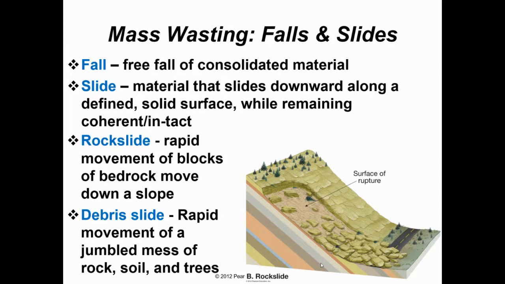A slide is this one here, where you still typically have a pretty cohesive material. It's pretty consolidated still, but it slides downhill typically as a kind of cohesive mass. The key here is that there's this thing called a rupture surface. That's the point of weakness.